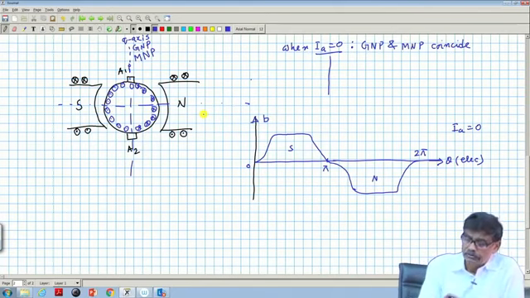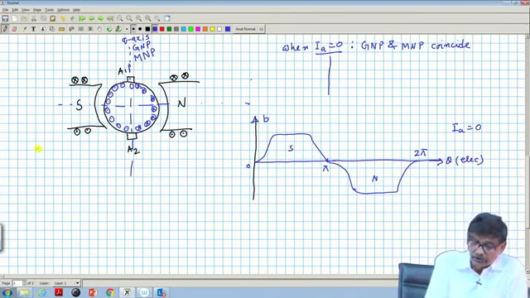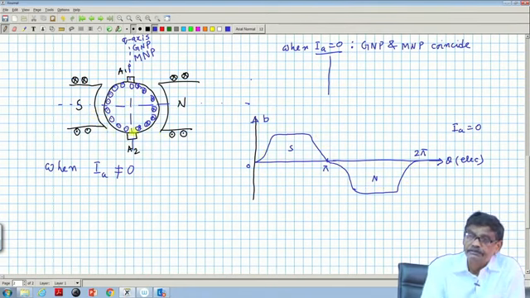Therefore, without any load on the armature, this is the field form along the air gap of the machine, and this is also the resultant field form. But when I A, the armature current, is not equal to 0, that is we are passing currents, then this field will be there as well as the field due to this current distribution.